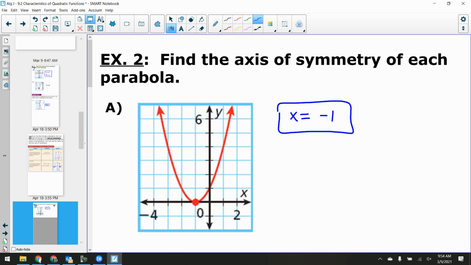Don't just give me -1, it's x equals. Why am I going to be picky? I'm going to be picky because that's a line. It's a vertical line, and I want to reinforce the fact that any vertical line is an x equals line. x equals -1. And notice how the vertex is at -1, 0. The x value of the vertex will always match the x value of the axis of symmetry.